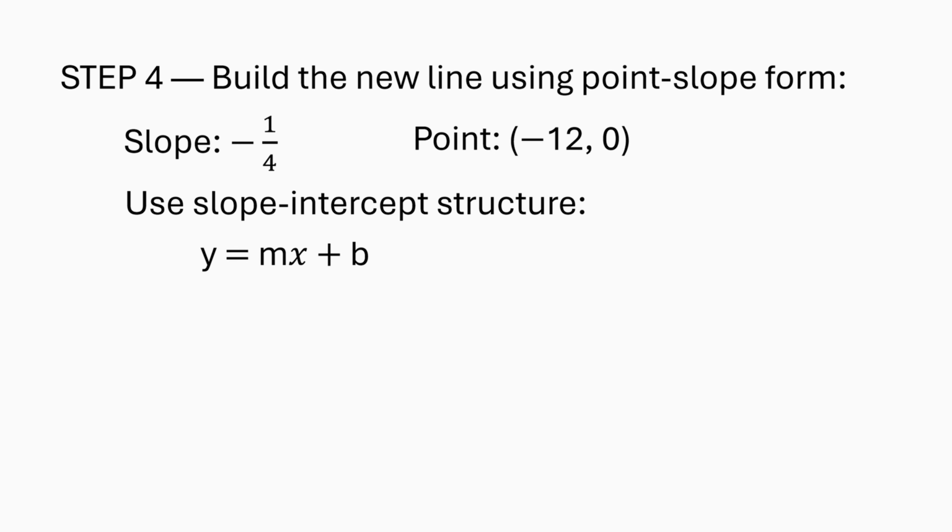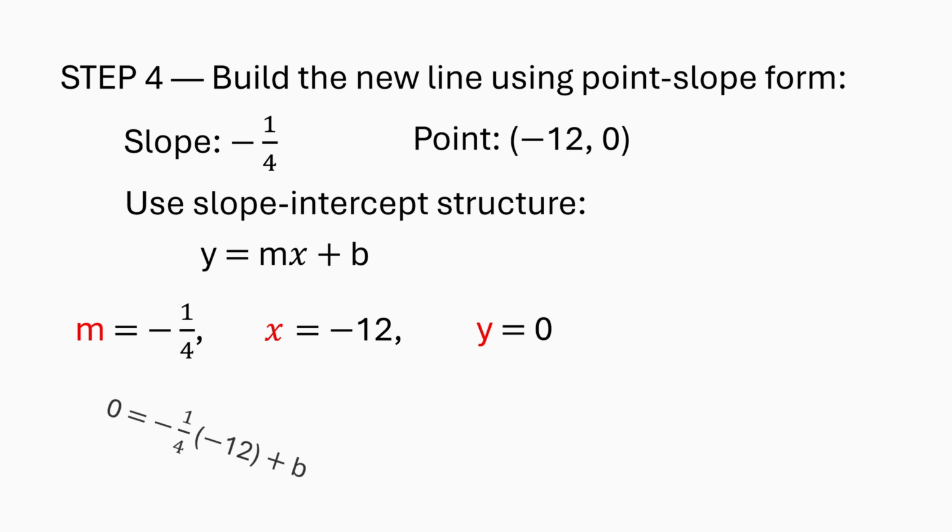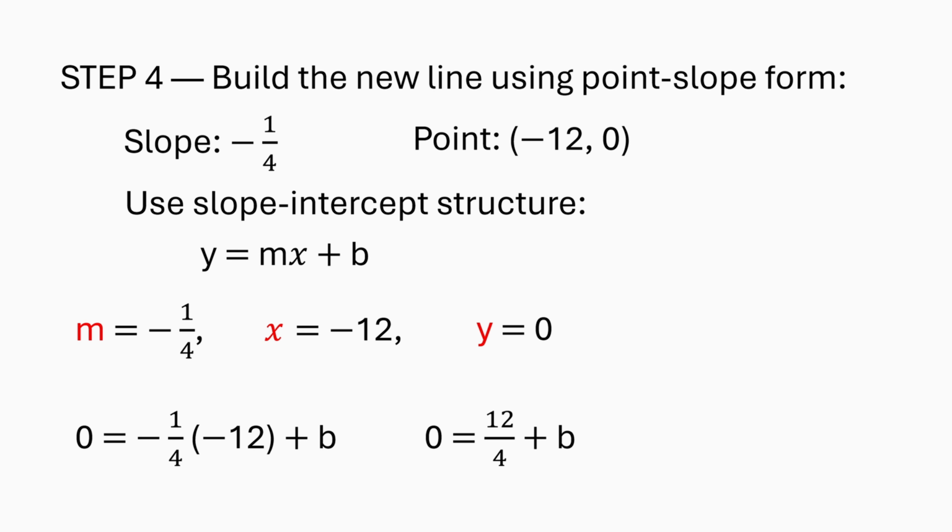We put in the values. m = -1/4, x = -12, y = 0. So, 0 = -1/4 times -12 + b. 0 = 12/4 + b. So, b = -3.